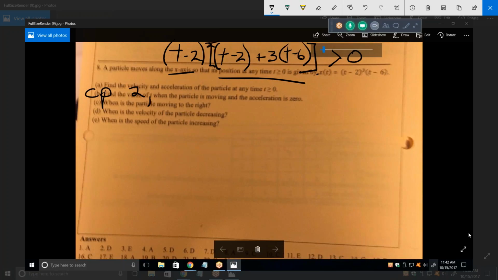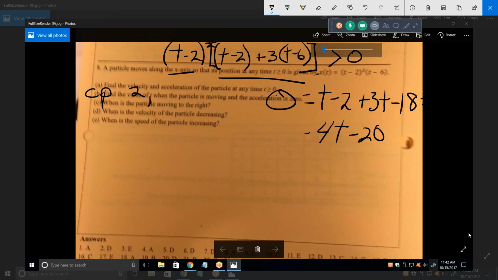We have another critical point. Is there anything that makes t minus 2 plus 3t minus 18 equal to 0? That is 4t minus 20 equals 0. Yeah, when t equals 5. That's another critical point.